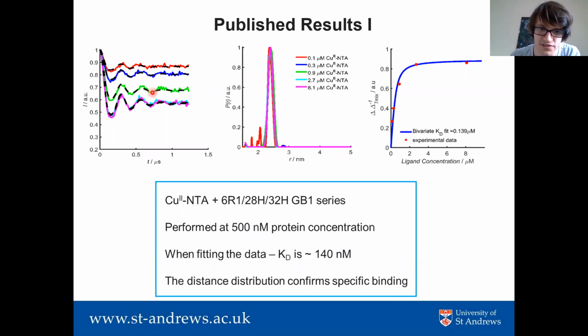Serendipitously, we found that we had an exquisite concentration sensitivity afforded by copper-nitroxide RIDME. I should mention that we didn't initially start measuring at this protein concentration. Rather, we measured at much higher protein concentrations, but realized that we couldn't resolve the curvature of this hyperbolic function, and therefore had to systematically reduce it.